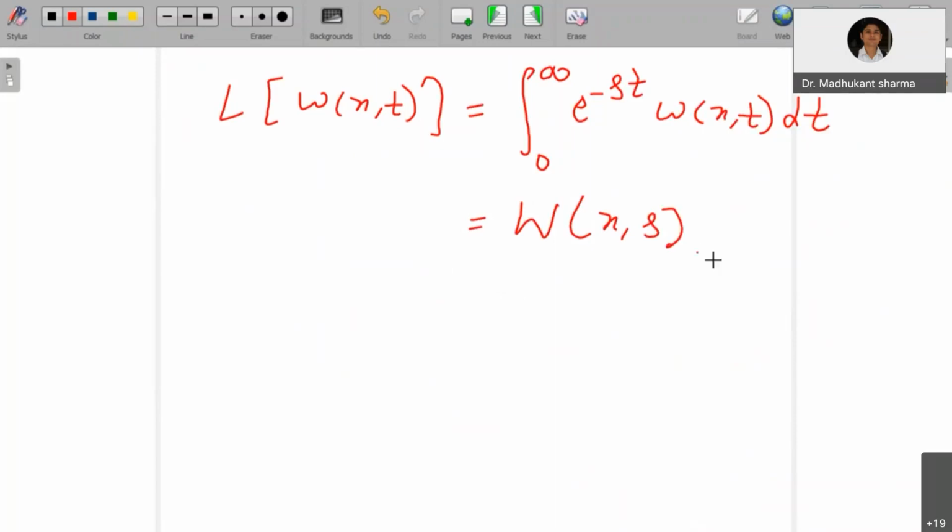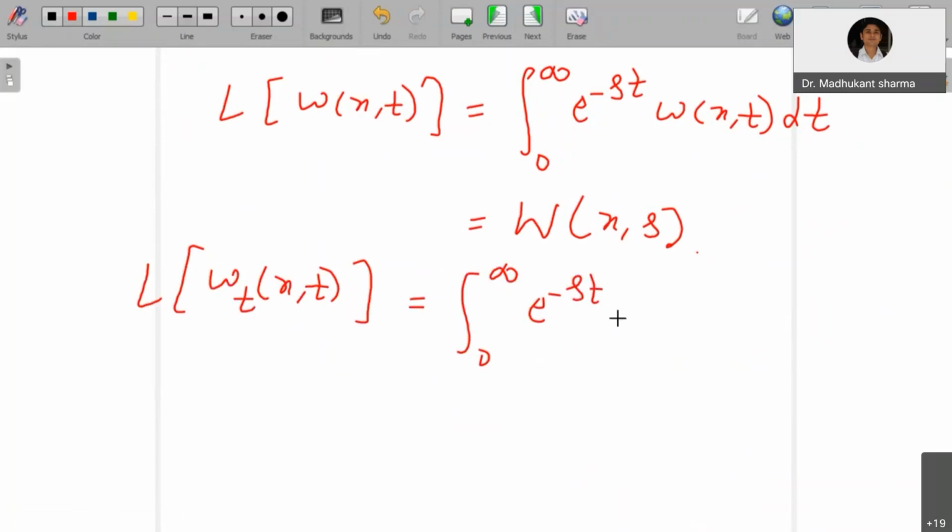Now look at the Laplace transform of w_t of x comma t, which is important. Taking the Laplace transform with respect to t, this equals the integral from 0 to infinity of e to the power minus st times w_t of x comma t dt.